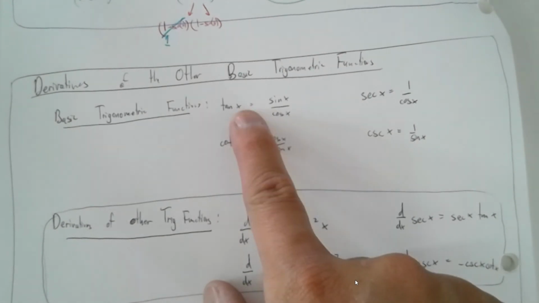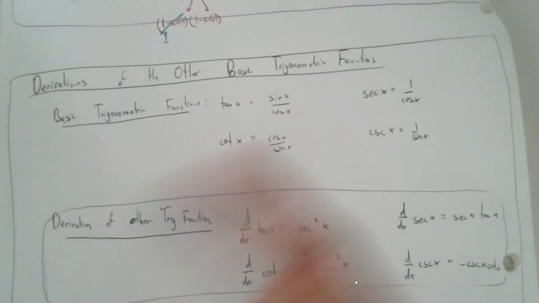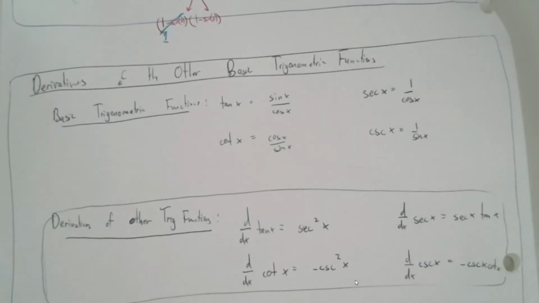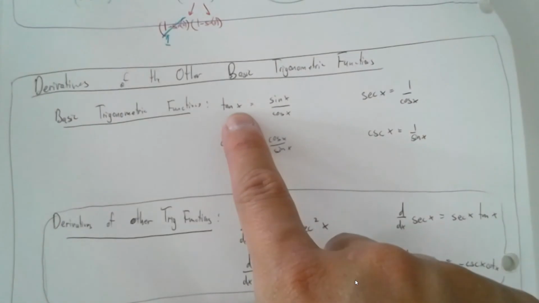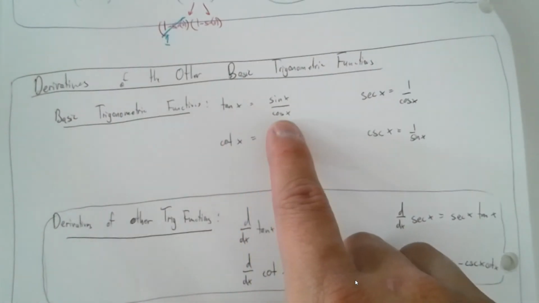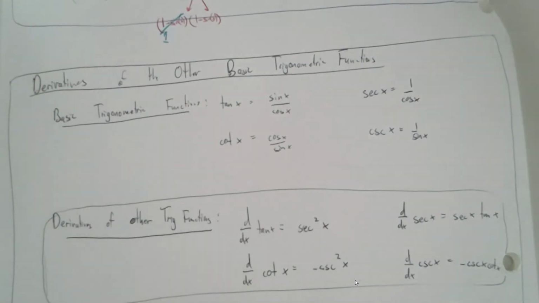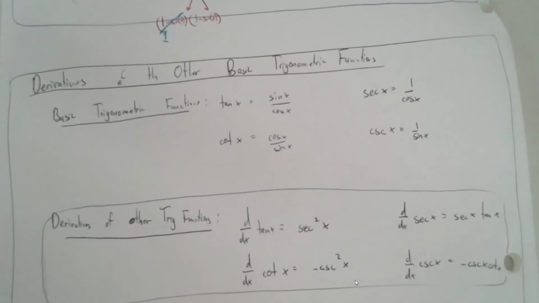Tangent of x is also equivalent to sine of x divided by cosine of x. Can you imagine the possibilities of your derivatives, knowing that tangent of x is also a quotient of sine of x and cosine of x? The possibilities of hard, crazy, difficult, engaging math on your own are endless at this point.